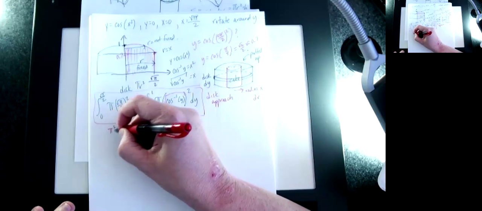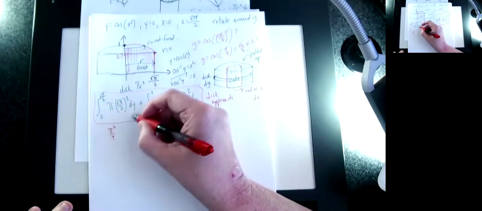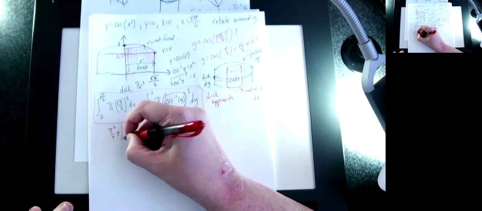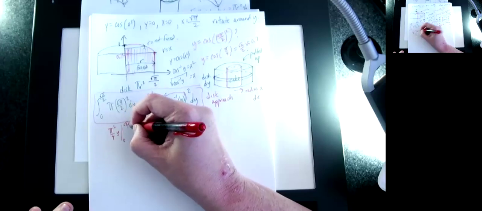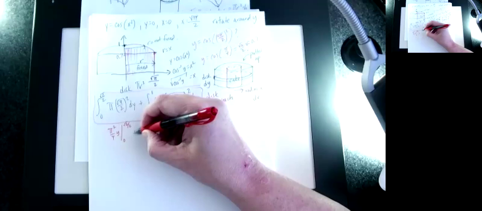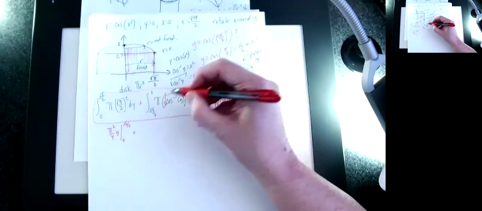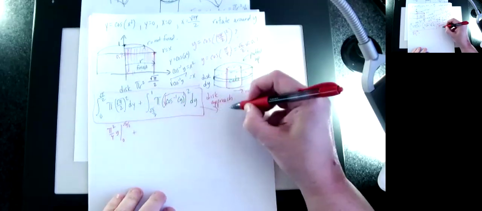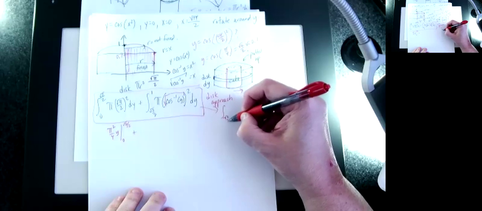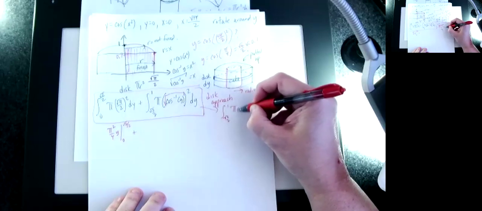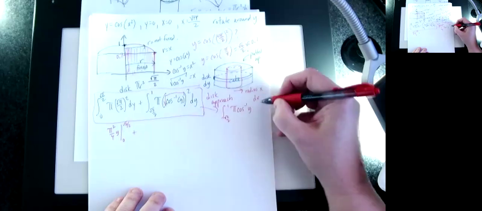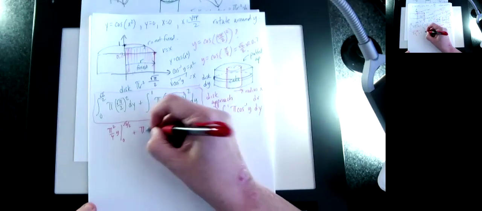I've got pi squared over 4. I integrate dy, I get y, and we're going from 0 to root 2 over 2. Plus, as Dat was saying, this is just root 2 over 2 to 1 of pi cosine inverse y, because the radical and the square go away. So I got pi here.